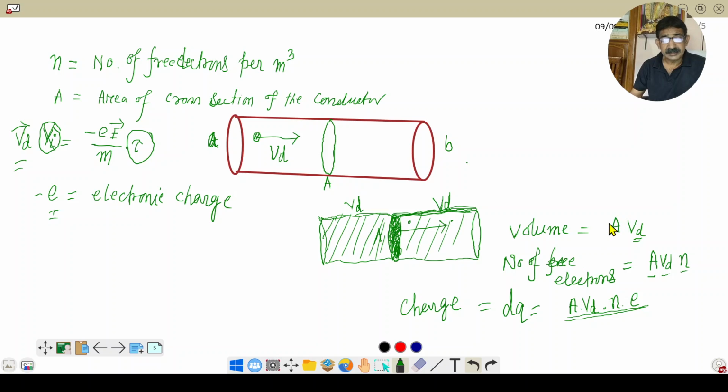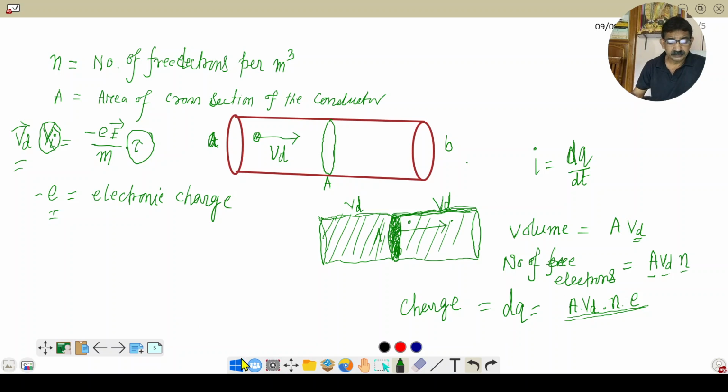So the electric current I is equal to delta q by delta t, dq by dt. You know this.